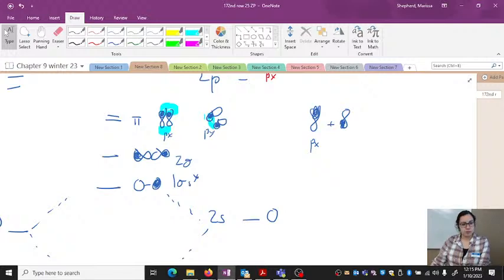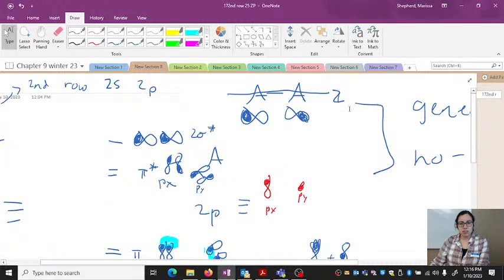The PX, and S. So maybe not PX, because try to stick with this convention. So I like the S though. So what would mix there? The PZ. Yeah, exactly.